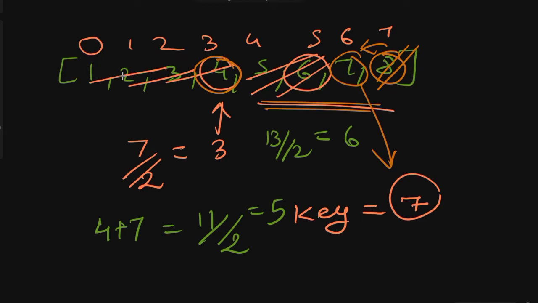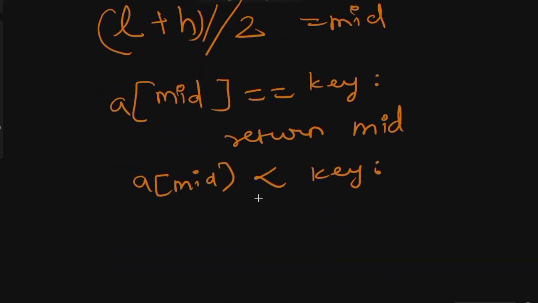So if I assume I have two indexes, L and H, lower and higher, I have to just update the lower index, so L is equal to mid plus 1.